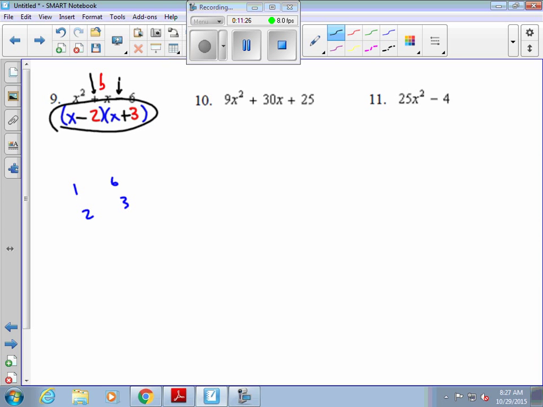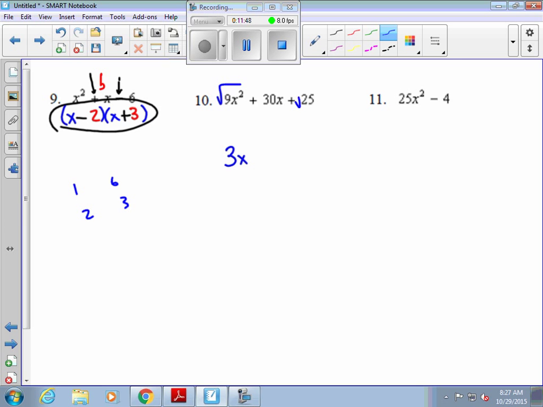Now, 10 and 11 are special circumstance kinds that you can simplify. Number 10 is called a perfect trinomial. Okay, a's value is not 1 like the last few have been. But this is a perfect trinomial. You can take the square root of the a. The square root of 9 is 3. The square root of x squared is x, 3x.